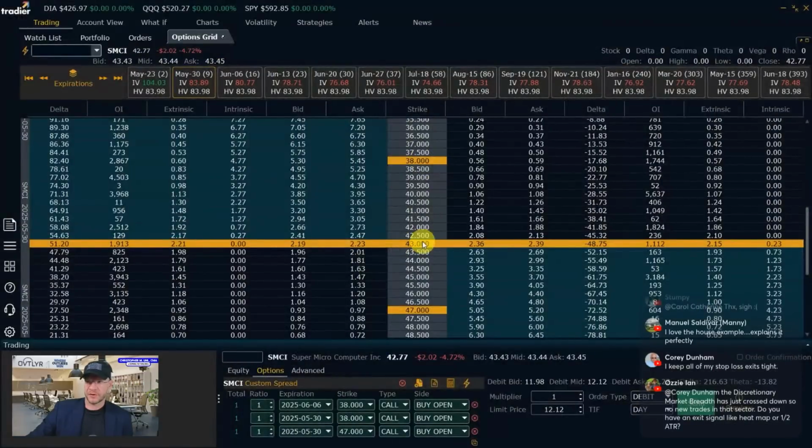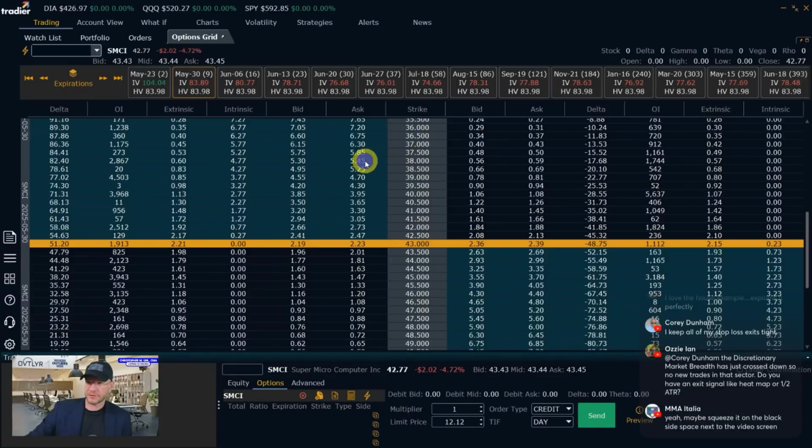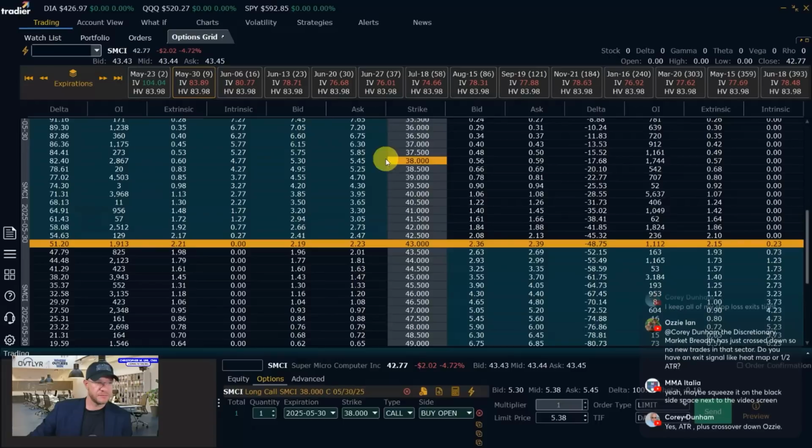Okay, so let's use this as a house example, right? Let's say that you want to buy the house for $38,000. We can use that as a decent example. If you want to buy the house for $38,000, you can choose to at some point in the future, but you don't have to. But in order to choose to do that, you're going to have to pay $5.45.